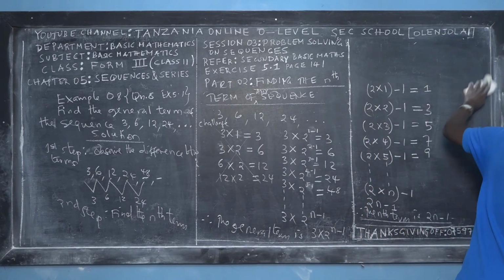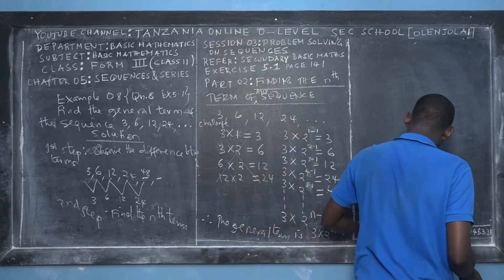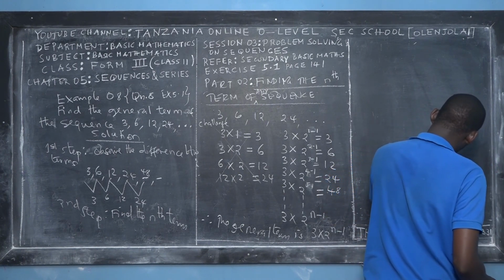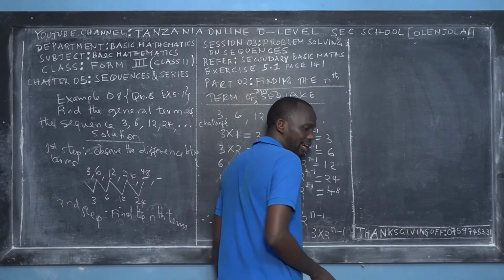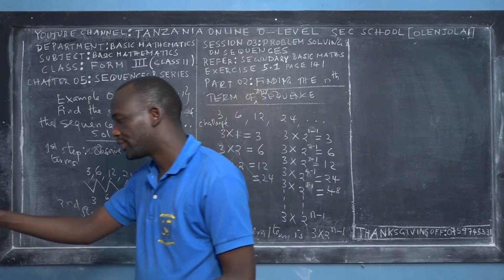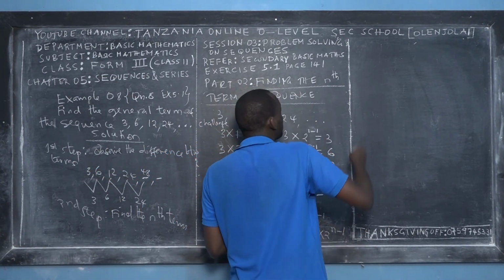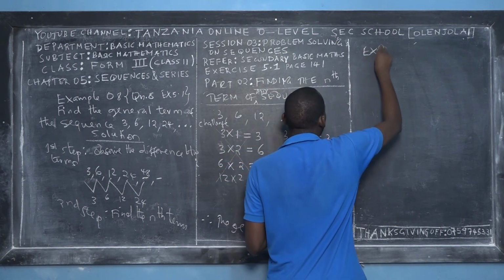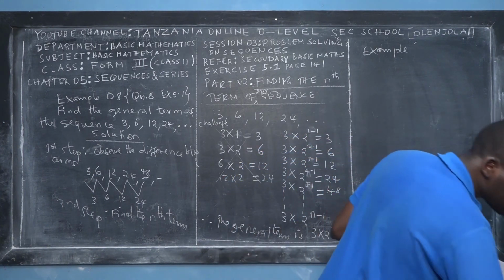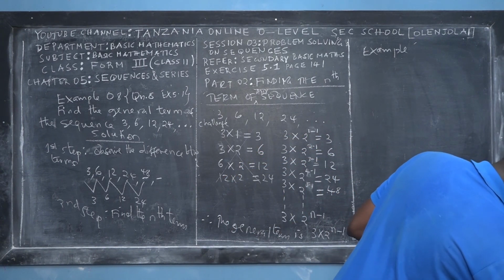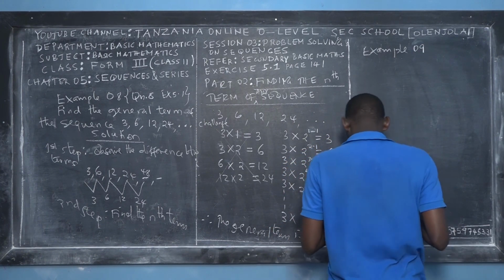So after solving 2 examples in this part 2, now I want to test whether you have understood what I've been teaching you. So I have 2 questions for the homework. Are you ready for that? Will you do it? So this will be example 9.